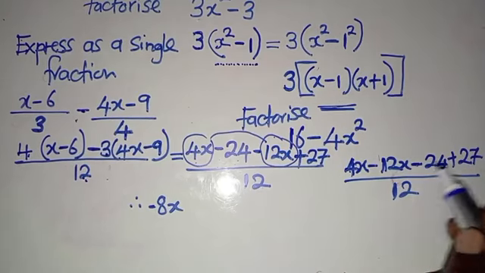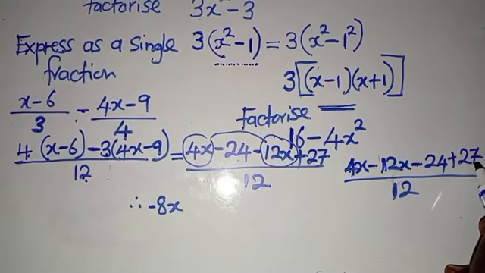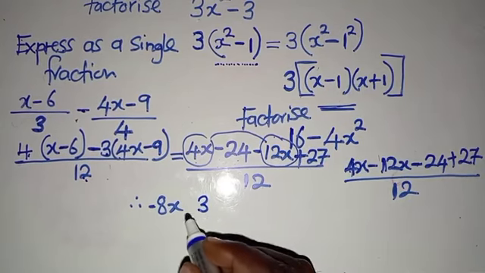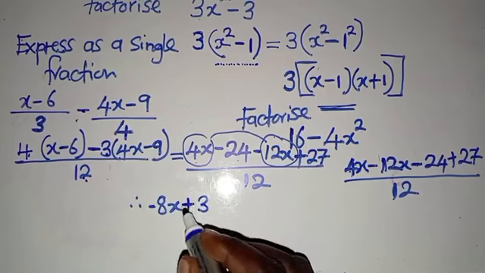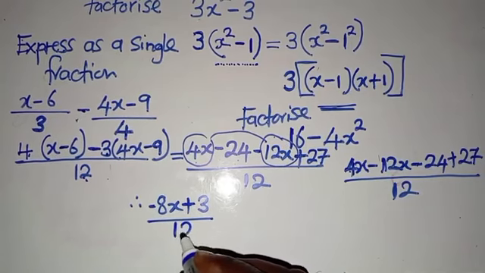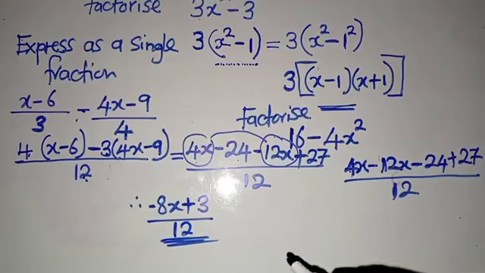Then negative 24 plus 27. Different signs, what do we do? You subtract them, then maintain the sign of the bigger number. So that is a 3 when we subtract them. We are getting a positive, over 12. So this is the answer.